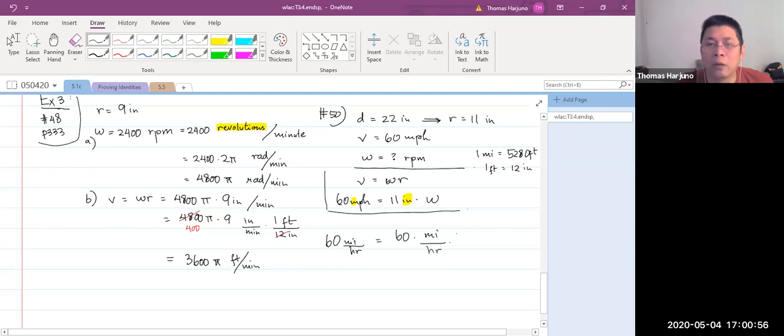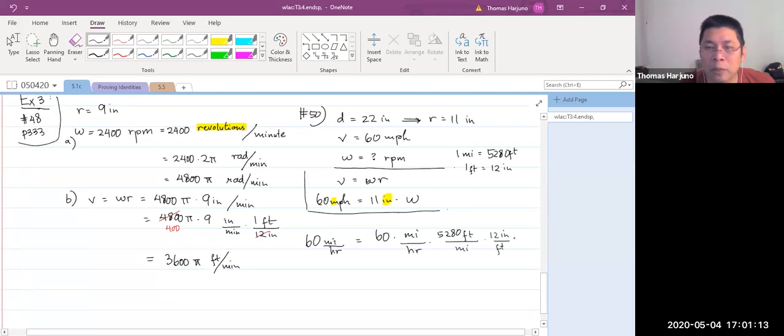So for the mile, 5,280 feet per mile and 12 inches per foot, and then multiplied by 1 hour over 60 minutes.